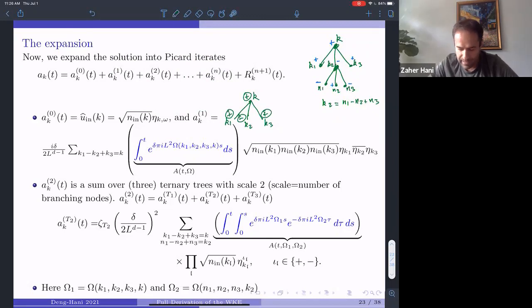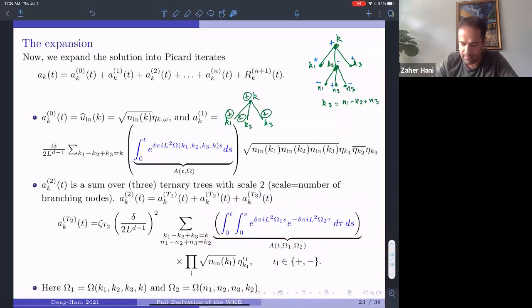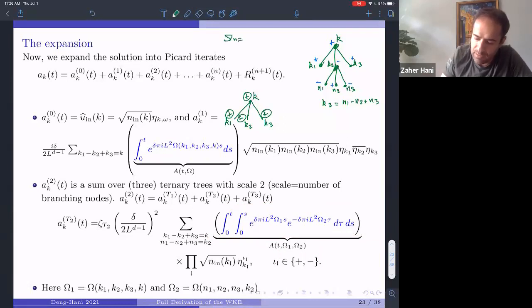Okay, what else can we uncover from this sort of computation? Again, over here, you notice that the dependence on time only comes through the factors omega-1 and omega-2. At each branching node, you have omega n equals kn1 squared minus kn2 squared. Well, I'll state it more generally on the next slide.